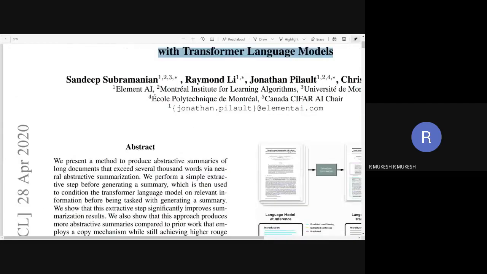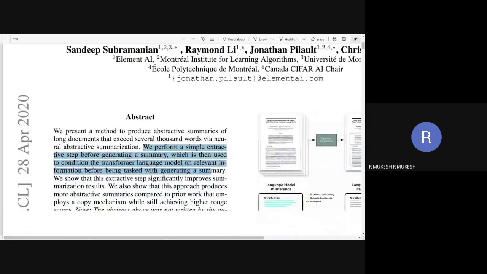So what it says is that we present a method to produce abstractive summaries of long documents that exceed several thousand words via a neural network abstractive summarization technique. We perform a simple extractive step before generating a summary, which can then be used to condition the transformer model on relevant information before generating.